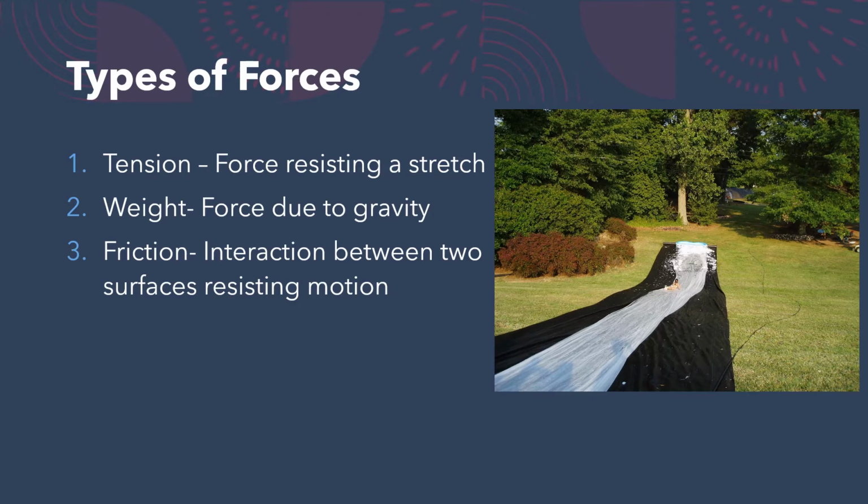And that happens because the two surfaces are kind of interacting with one another, and as something tries or is moving in one direction, the interaction between those two surfaces is going to resist that motion. Okay? So friction can make it hard for things to start. It can also make things slow down as they move along, or make you apply more force to keep it moving.